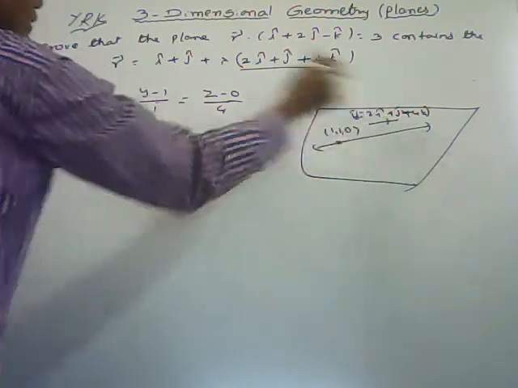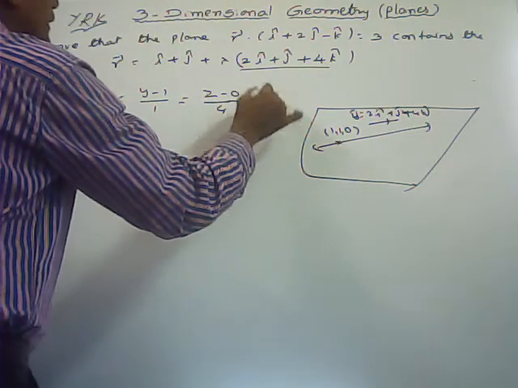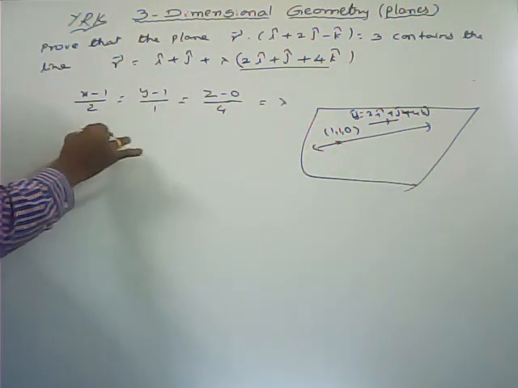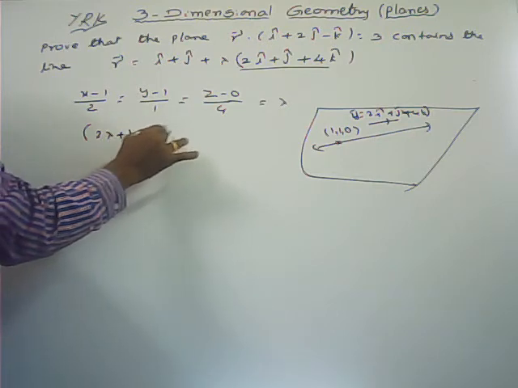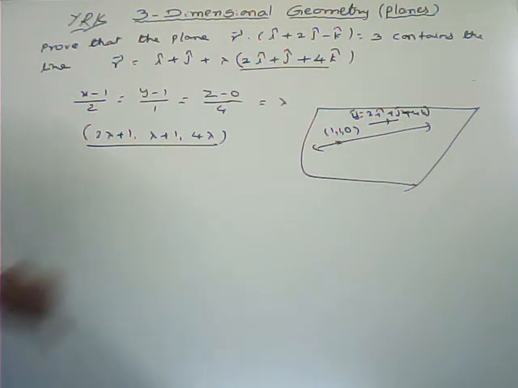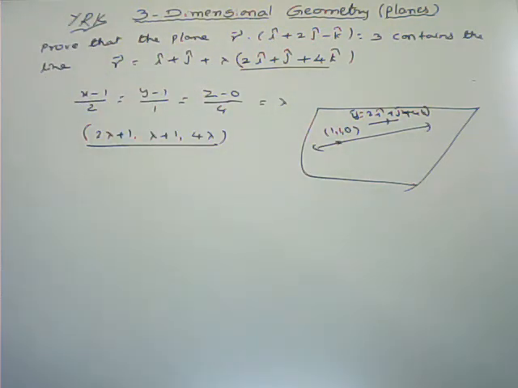So the equation of the line is (x minus x1) by a equals (y minus y1) by b equals (z minus z1) by c. Now any point on this line, taking the common ratio as lambda, is (2 lambda plus 1, lambda plus 1, 4 lambda). For different values of lambda, we get different points on that line.